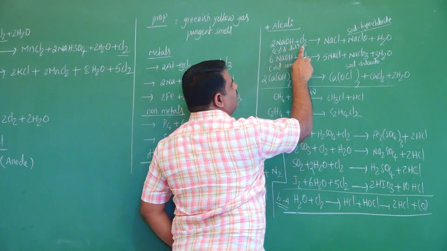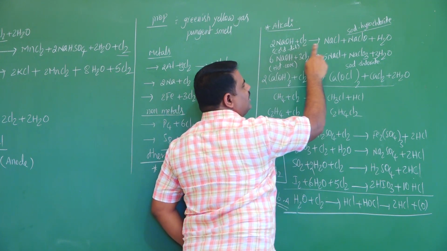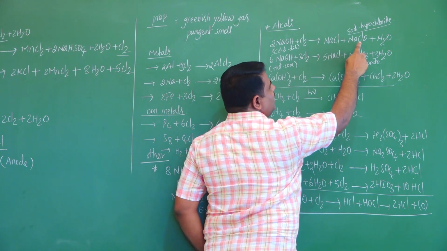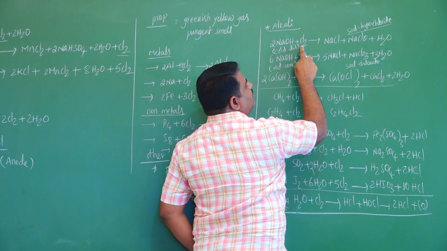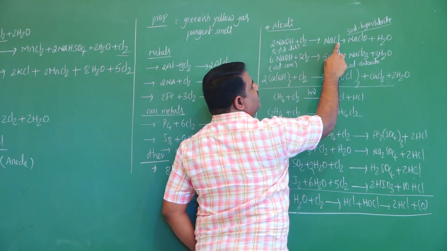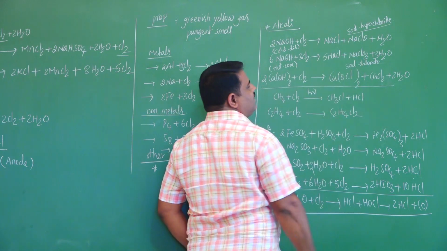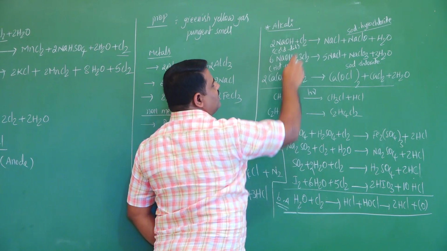Now here chlorine oxidation state is 0, here -1, here +1. 0 to minus 1 is reduction, 0 to plus 1 is oxidation. That's why this is an example of a disproportionation redox reaction.